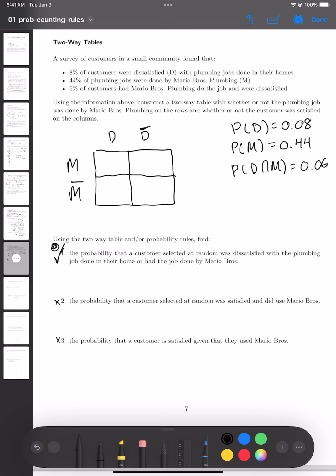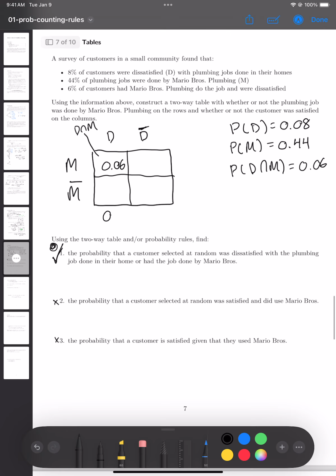And we'll fill in some information. What makes up the body of the table are a bunch of intersections. For example, we're given that D and M, the probability of that happening, is 0.06. So that goes into the row with M and the column with D. We're also given that the probability of a customer being dissatisfied at all is 0.08.